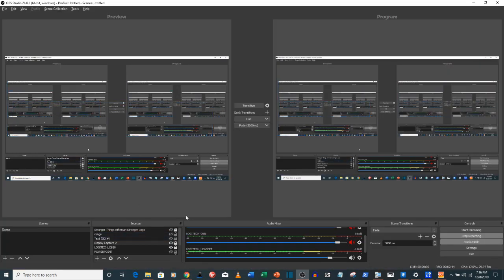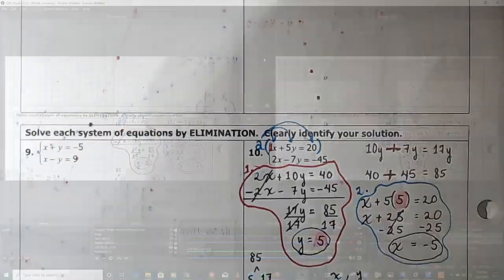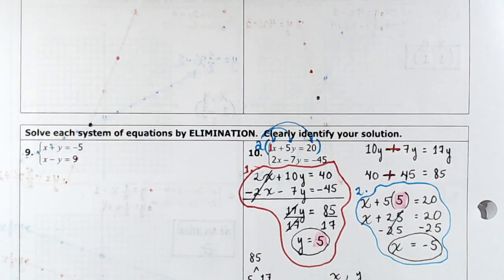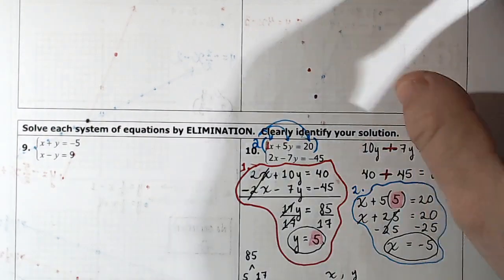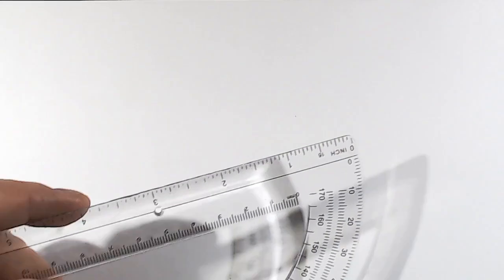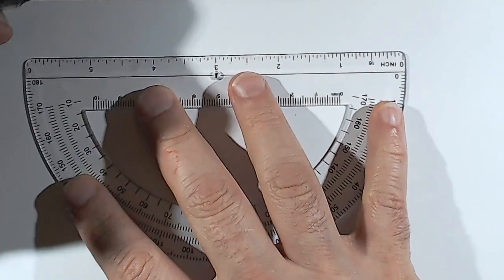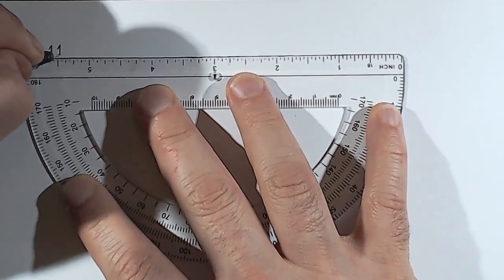Let me turn off my display capture here so we get back to our page. And we're going to need a piece of scratch paper to do this. So the first thing that we're going to do to actually solve this using elimination is rewrite everything on a piece of scratch paper. Here's some scratch paper, and we got a straight edge ready to go. So let's take our pen here and write 11 because that's the number we're doing.